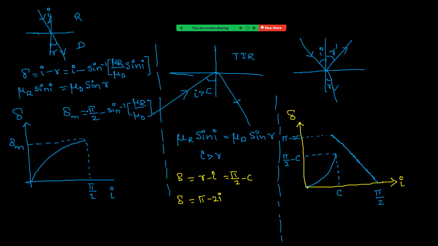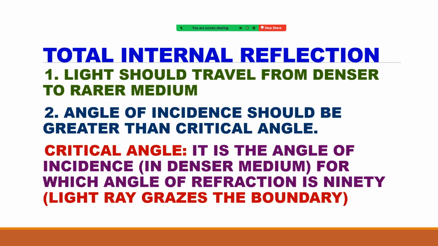This is not exactly 90 because when it is exactly 90, there is no refraction and no reflection. So here we have taken deviation only because of refraction, and this is for slightly less than 90. Let us see once what we have discussed till now, the theory points.